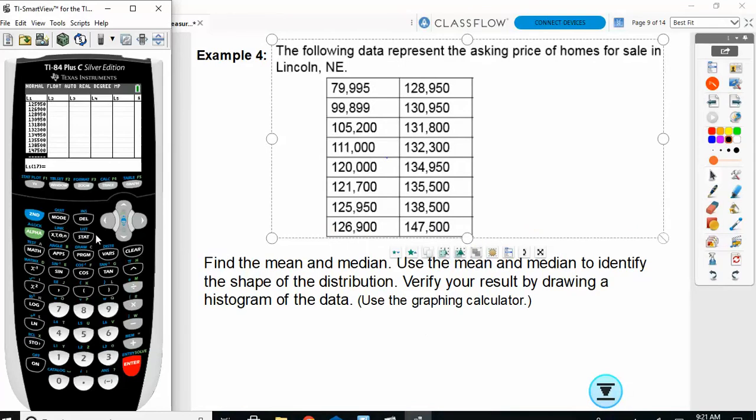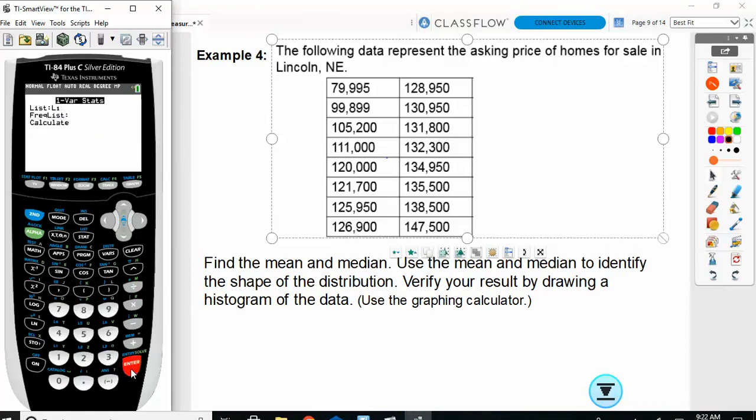So now go to Stat, go over to Calculate, and we want the first thing, One-Variable Statistics. Make sure your list is set on L1. Does everybody's list say L1? Frequency list, don't worry about that.